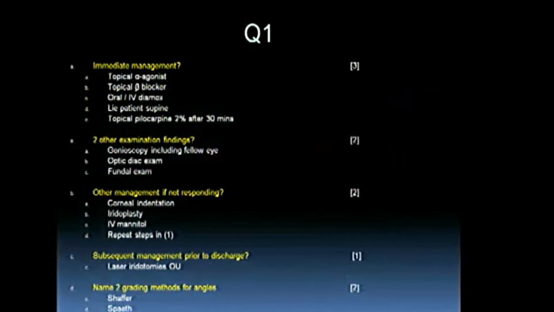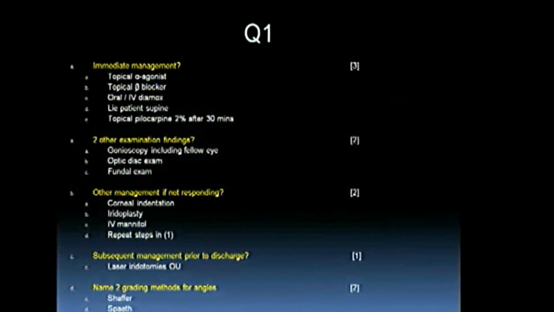Optic disc exam if you can, because obviously if a patient presents with a pressure of 50 and they've got advanced disc cupping, they're going to lose vision much more quickly than a patient who has a 0.3 disc might be able to tolerate a higher pressure for a bit longer. And fundal examination. So these are three answers. I'd accept any two of them. Or even if you put B scan, that's reasonable.